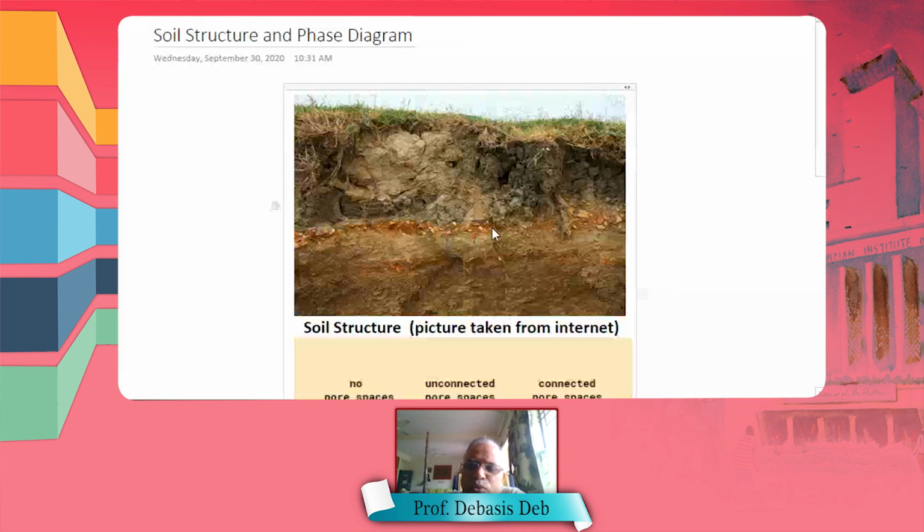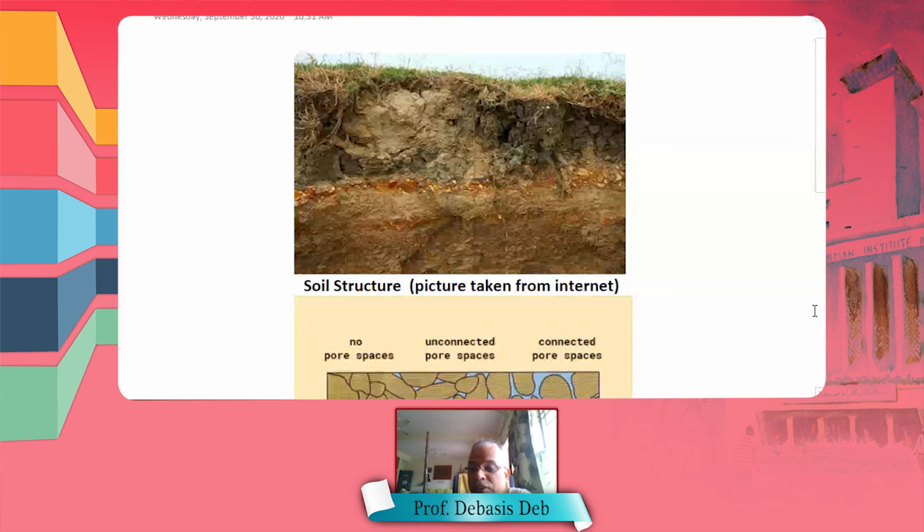Sometimes 1 kilometer, 2 kilometers long. It's a huge area it covers. So the behavior of those materials and their stability also depends on these properties, what I'm going to tell you today. So this is one picture.